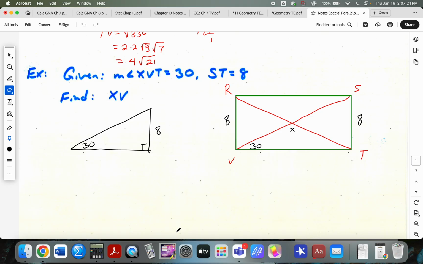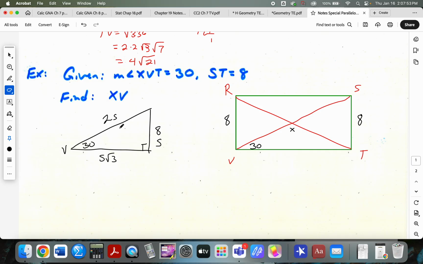It's across from the smallest angle, so it's the shortest side. So this is s. This side would be s square root of 3, and the hypotenuse would be 2s.